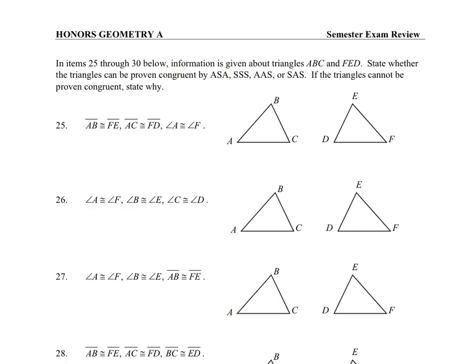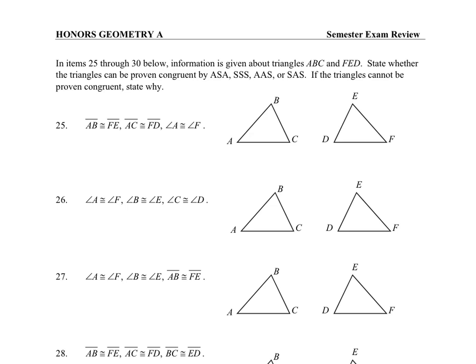In items 25 through 30 below, information is given about triangles ABC and FED. State whether the triangles can be proven congruent by ASA, SSS, AAS, or SAS. If the triangles cannot be proven congruent, state why.